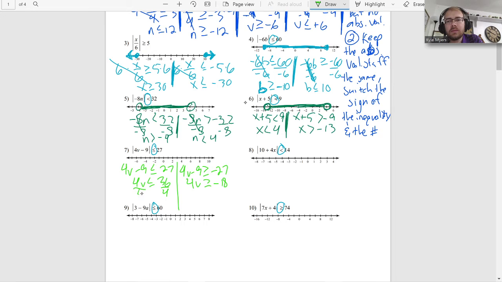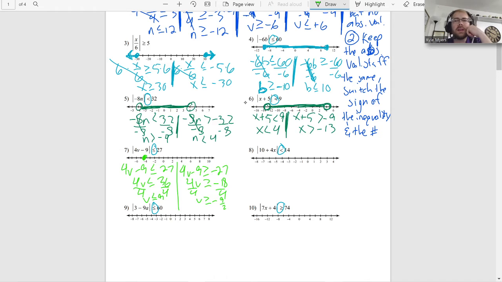Divide by 4 all around. V is less than or equal to 9. V is greater than or equal to negative 9 halves. Okay. Greater than or equal to negative 9 halves, that's negative 4.5. So that's like right here.